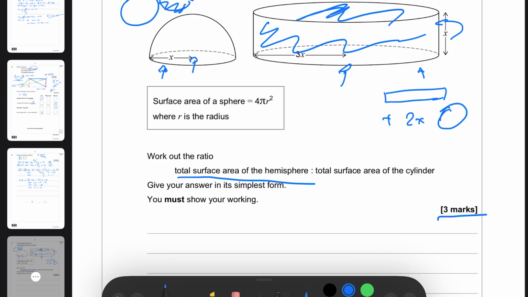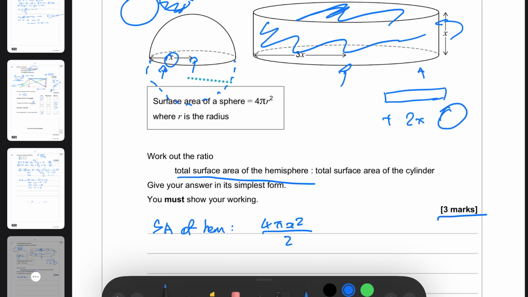Let's start with the first one, the total surface area of the hemisphere. So the surface area of the hemisphere is equal to 4 pi r squared. Let me directly substitute it in: 4 pi x squared, since the radius is x, divided by 2, since we only have half a sphere.